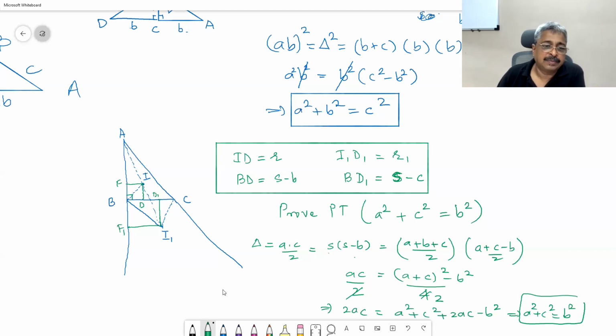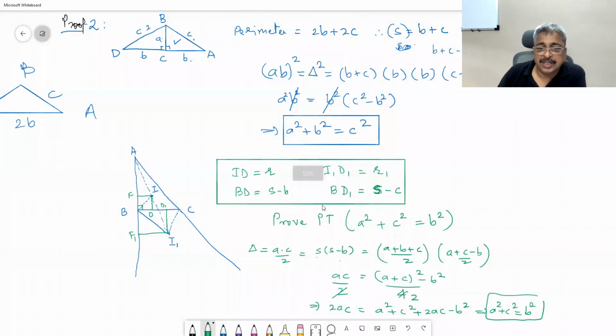Pythagoras, because these lengths are in general true, when it becomes a right angle triangle, the inradius, this is a square, IDBF is a square, I1D1BF1 is a square, and therefore we can exploit that.